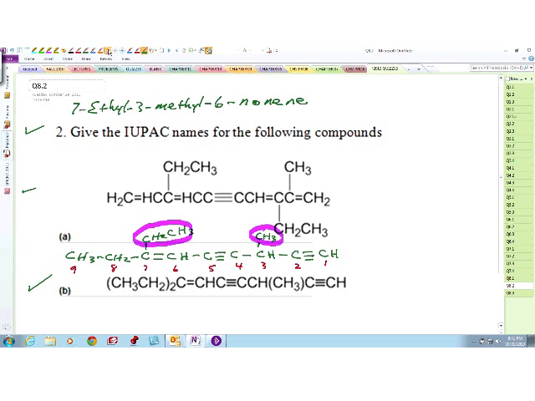Now, since we have a triple bond in here, we remove the E ending, and now we want to indicate the position of the triple bond. The triple bonds are in what position? 1, 4, right? Is that 1, 4? Okay, just a minute. 1, 4, diyne. Okay?